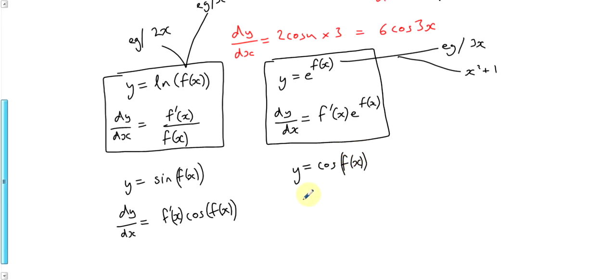Now, if you have to remember these rules, you are just making life a lot more difficult, because, in fact, it's negative, isn't it, for cos, so it's negative sine.